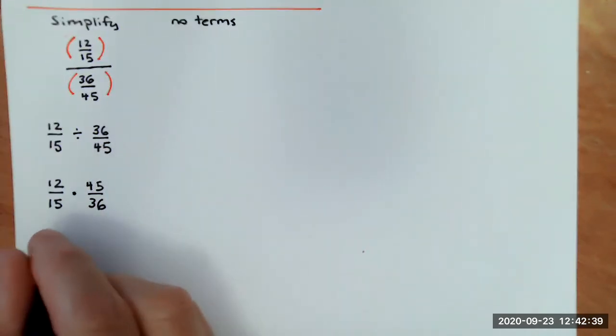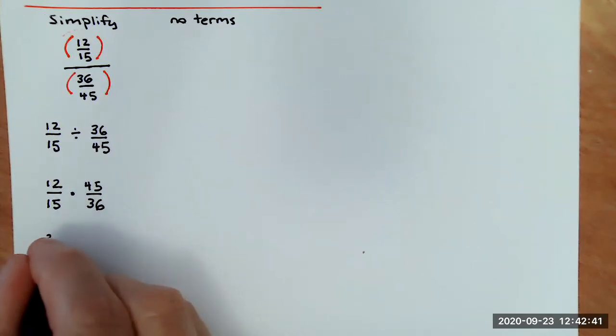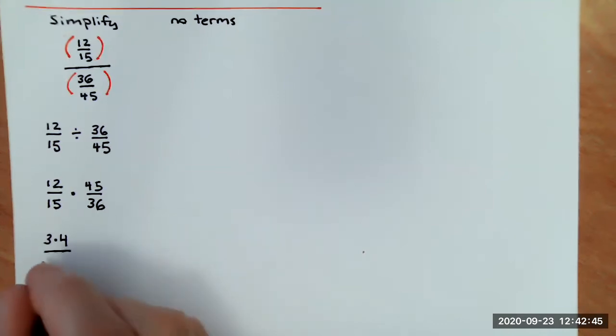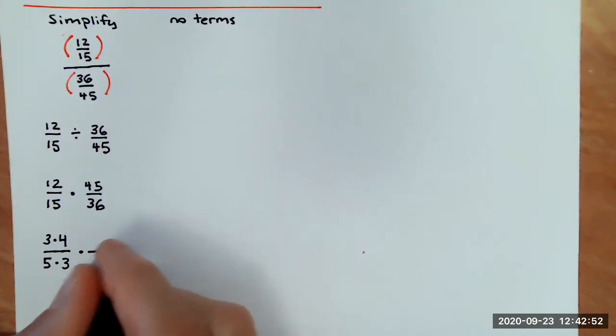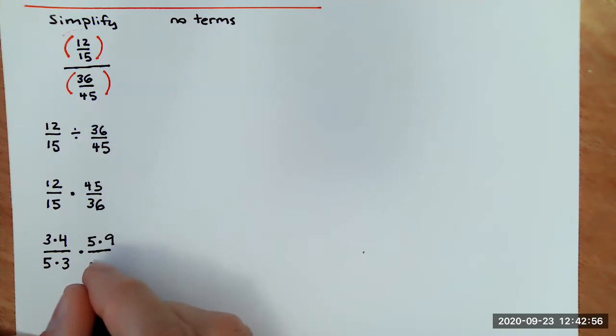So 12 we can write as 3 times 4 or 2 times 6. 15 is 5 times 3. 45 we can write as 5 times 9. 36 we can write 6 times 6 or 4 times 9.